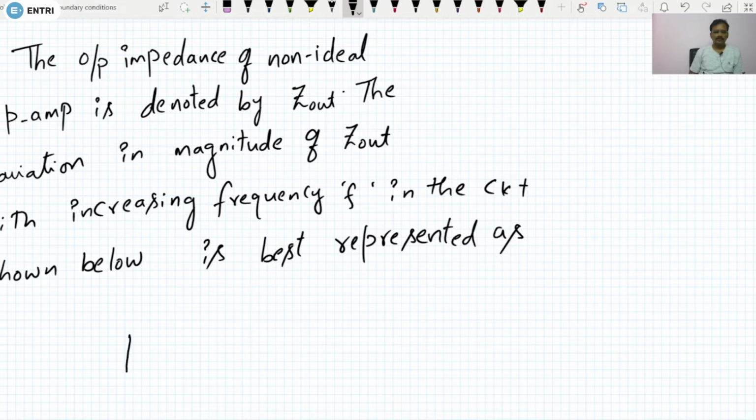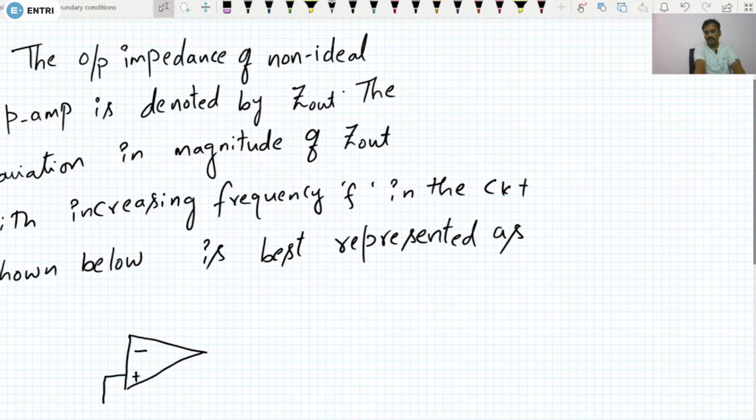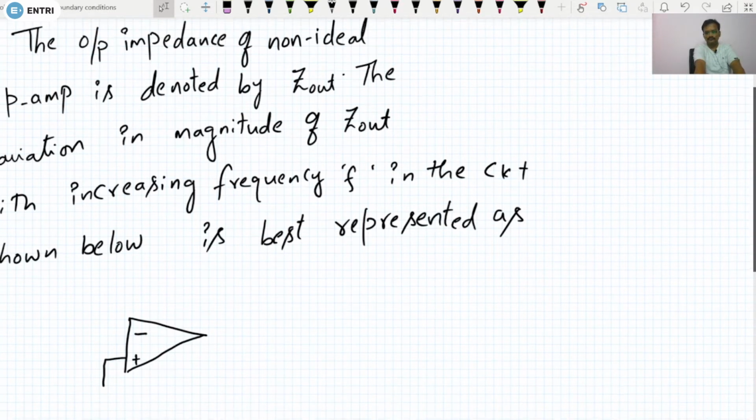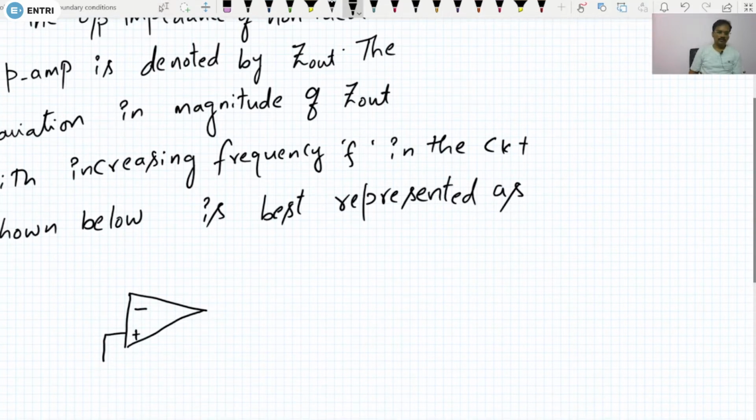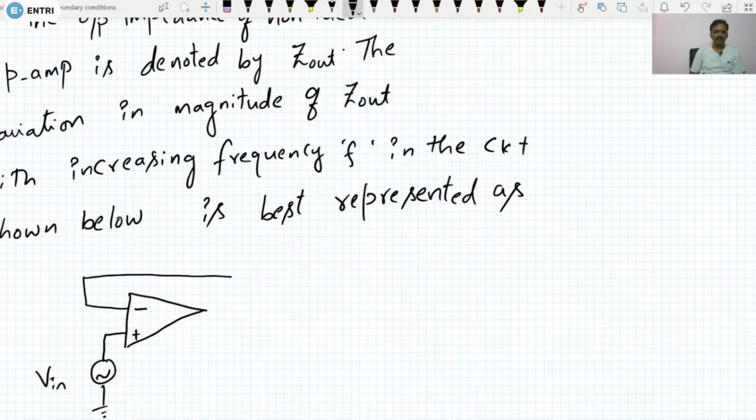So this is the circuit they have given. They have given a voltage follower circuit here, which is going to act like a buffer. So here we are having V in, this is grounded, and here we are having this negative feedback.